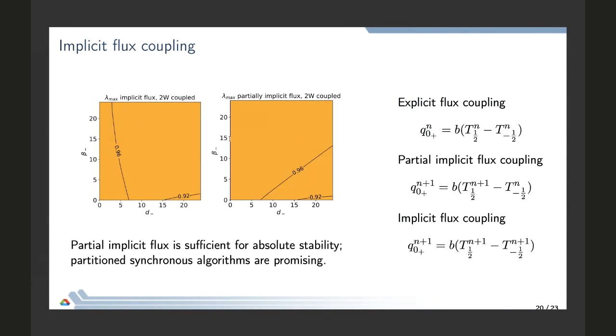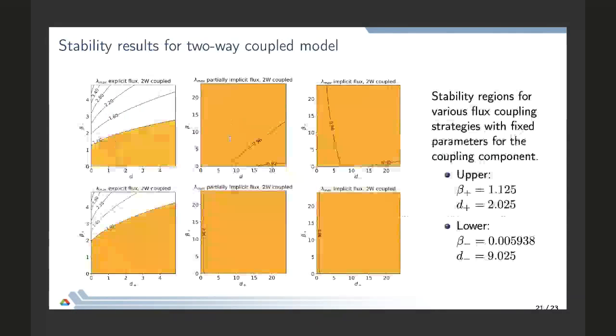Partially implicit flux coupling is sufficient to guarantee absolute stability. We also did this for both the ocean and atmosphere. The top row shows the results for the ocean, and the bottom row shows the results for the atmosphere.